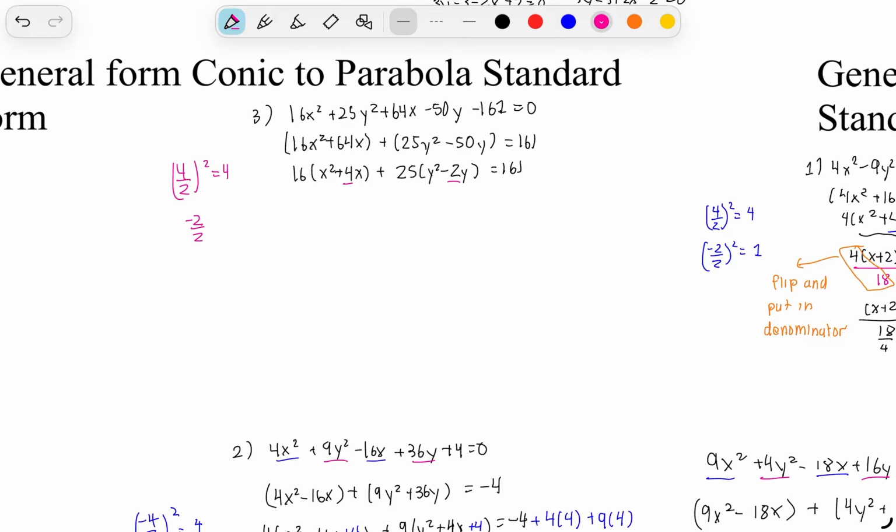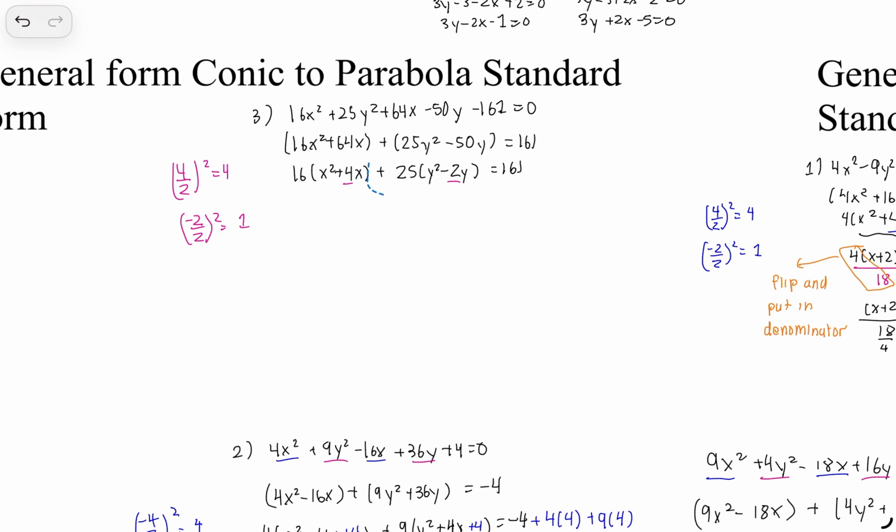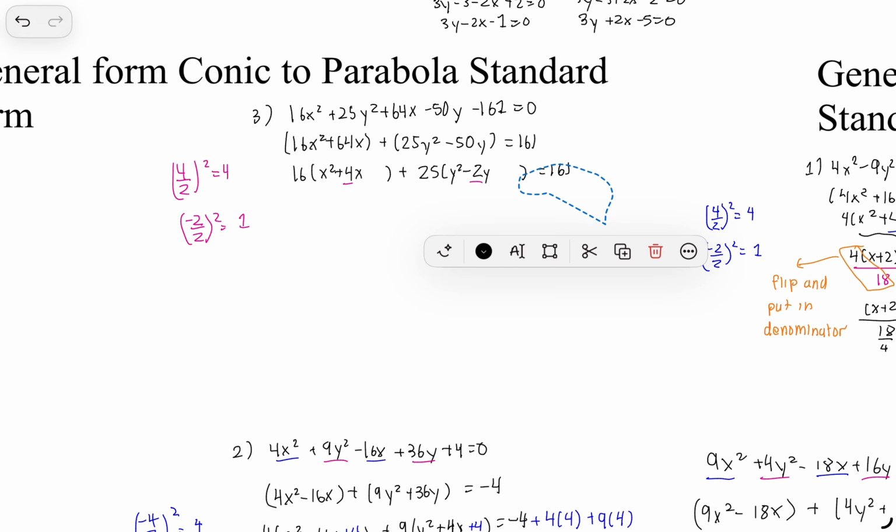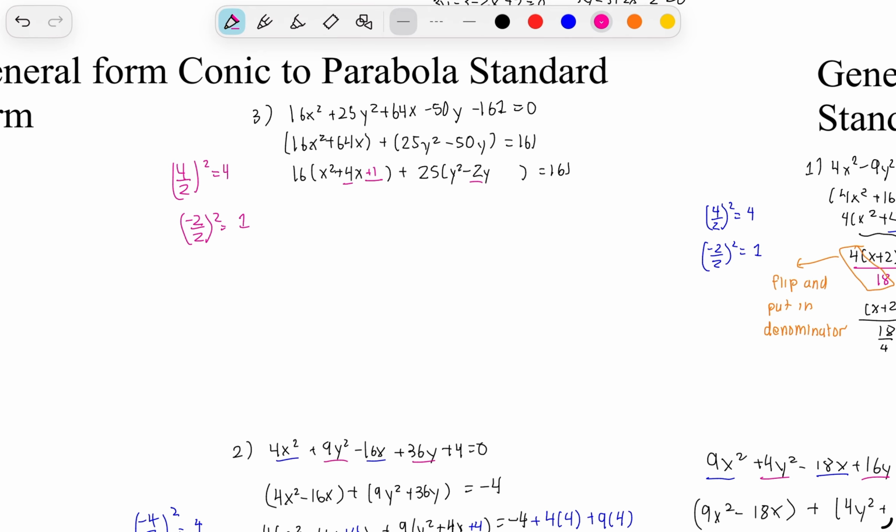And for -2, so you can add those back. So you can factor these. And this can also be factored as y minus 1 squared.